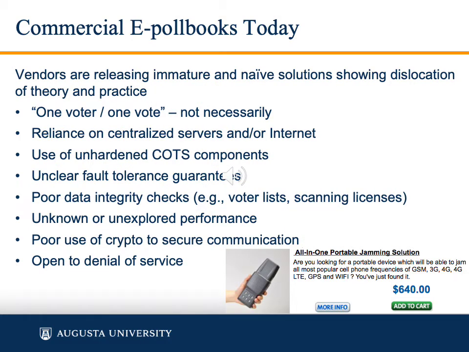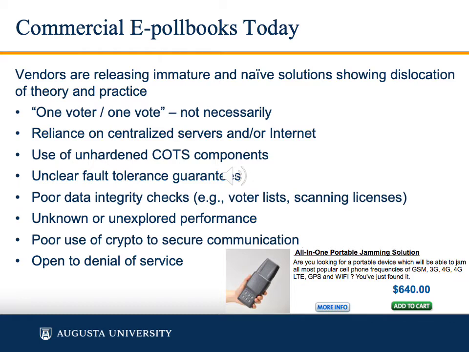Even considering the very modest goals that are pursued by commercial developers of electronic poll books, these relatively simple systems already suffer from a variety of issues. First of all, there is no absolute guarantee of one voter, one vote. Many systems have a window vulnerability where if somebody is fast enough, they just may be able to vote more than once.